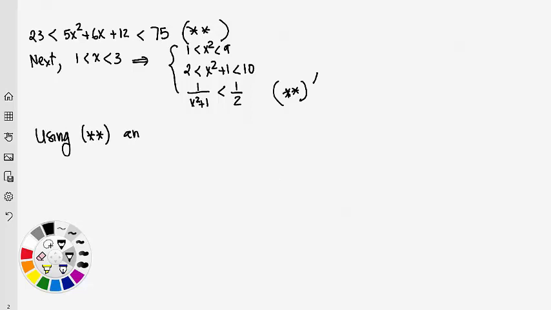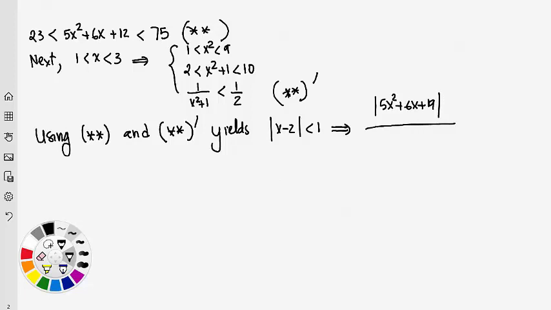Now using star, double star, and double star prime yields that the fact that the absolute value of x minus 2 is less than 1 implies that the absolute value of (5x squared plus 6x plus 12) over 5 times (x squared plus 1) is less than 75 over, I need to multiply this here by 5, so we get 10 here.